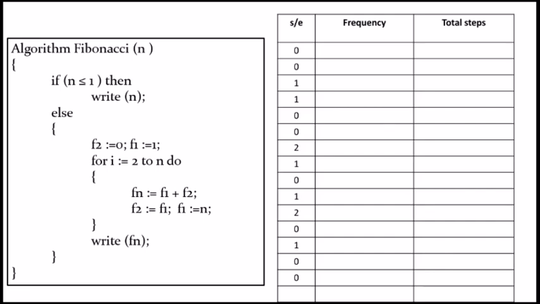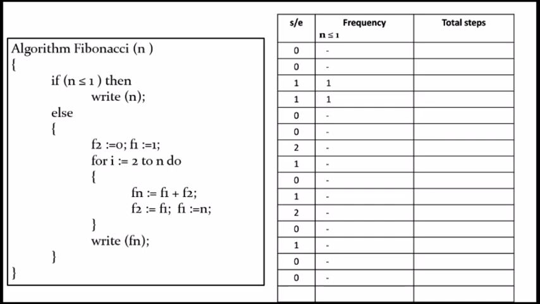So now we will see for the two different values. Because there are two parts, one is the if part and the second one is the else part. So first we will check, suppose the value of n is less than or equal to 1, meaning the value of n is suppose 0 or 1, then we will calculate how many steps are required for this algorithm.